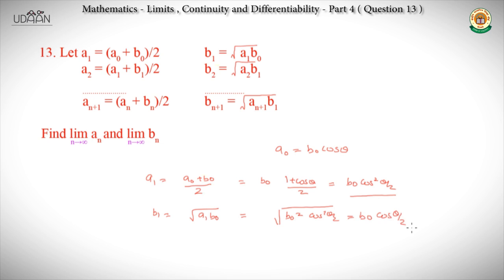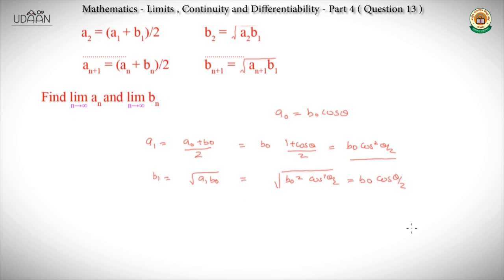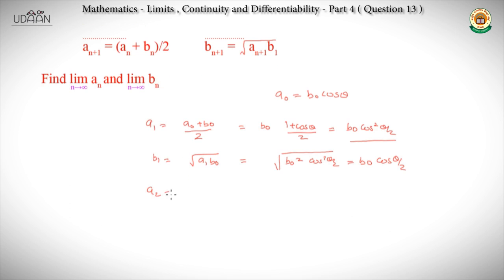Similarly, moving ahead, we find out a2, which is nothing but (a1 plus b1) by 2.